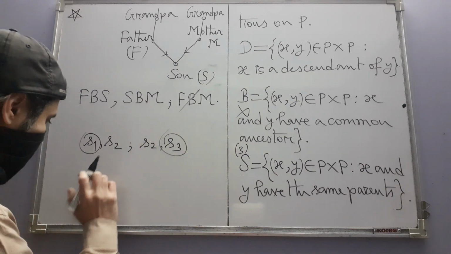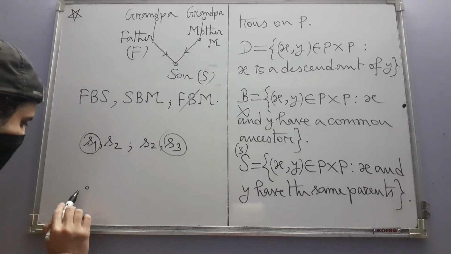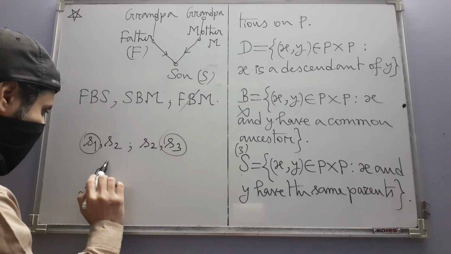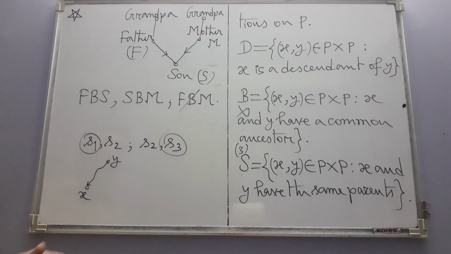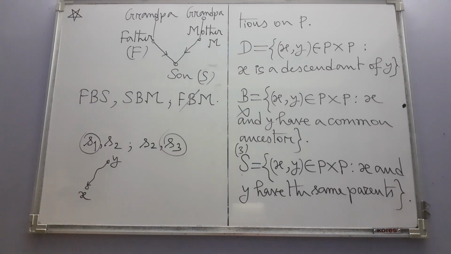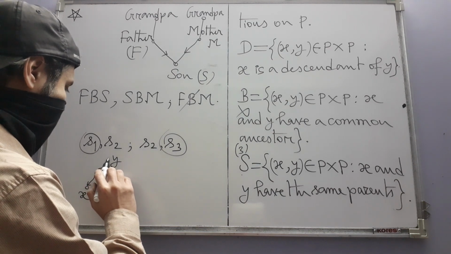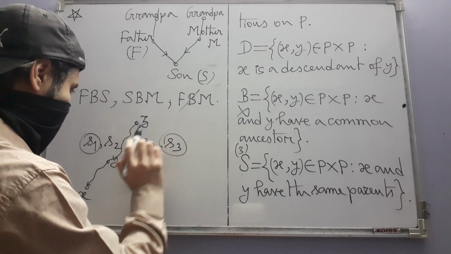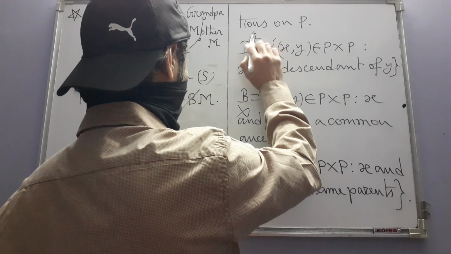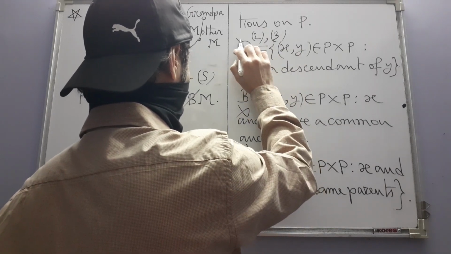Say you have a person X who is a descendant of Y. So in the family tree of X, Y sits at an older level than X, and Y himself or herself may have come from some other person Z. Then obviously X itself came from Z, and that's why X is also related to Z. So D satisfies 2 and 3, but it doesn't satisfy 1.